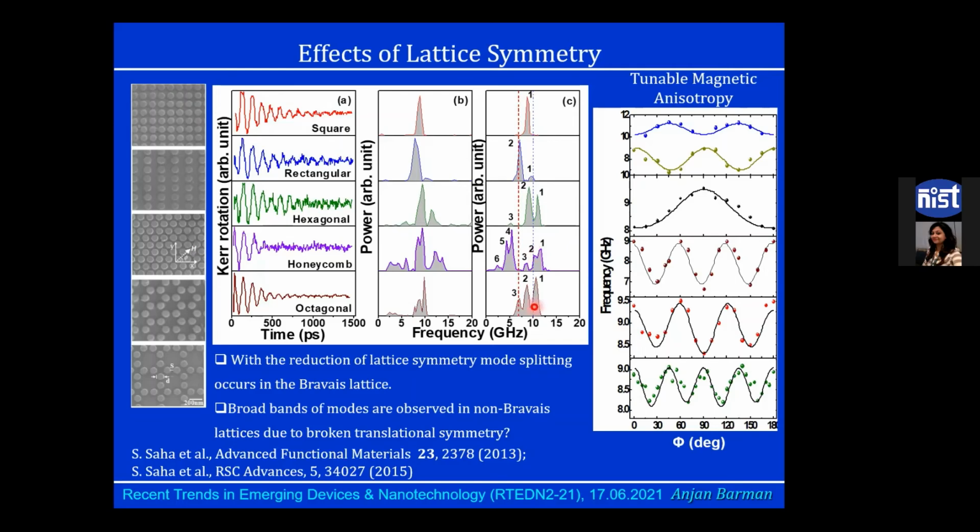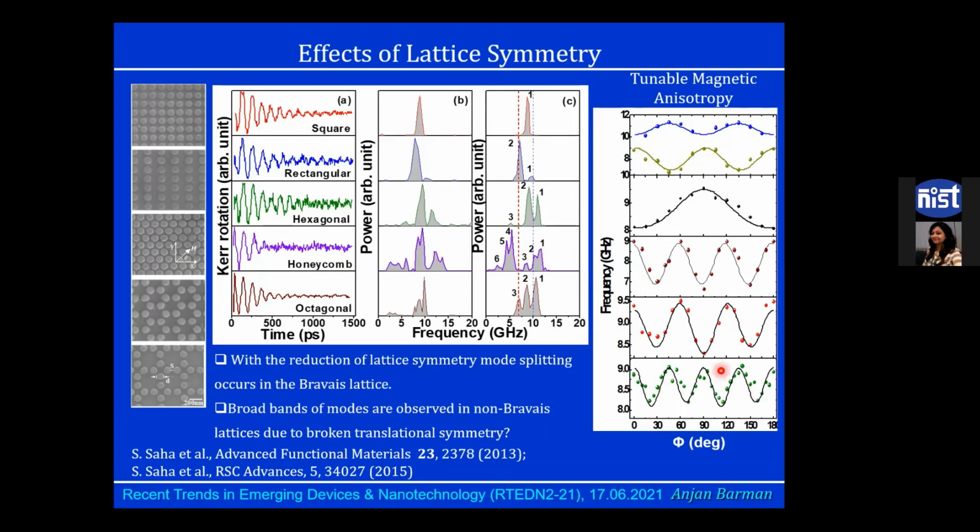So just by varying this, we can vary the mode localization behavior and the collective precessional behavior. And if I now rotate the bias magnetic field orientation, I see it goes from a 4-fold symmetry to a 2-fold symmetry, and up to 6-fold and 8-fold symmetry.